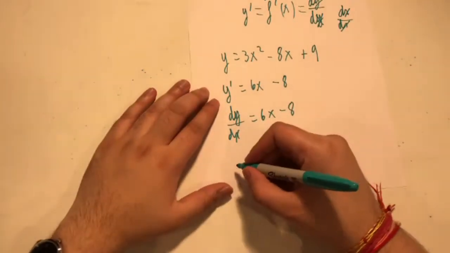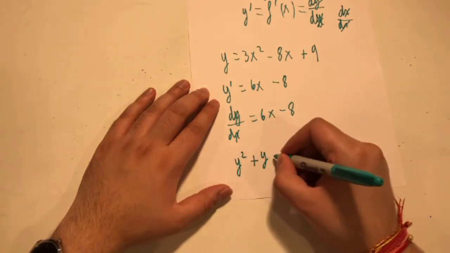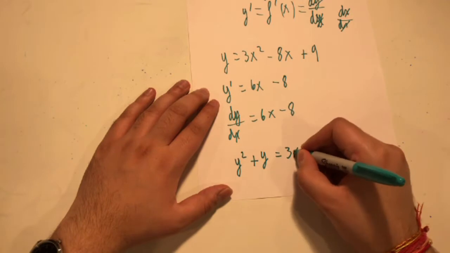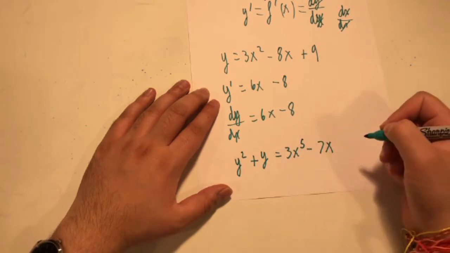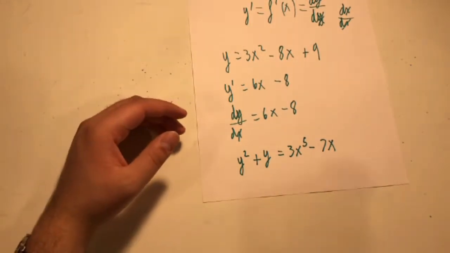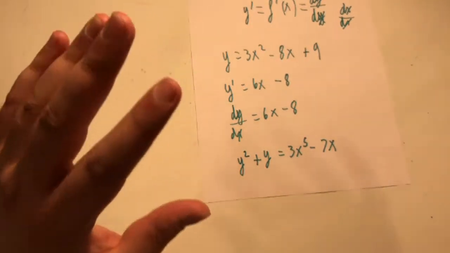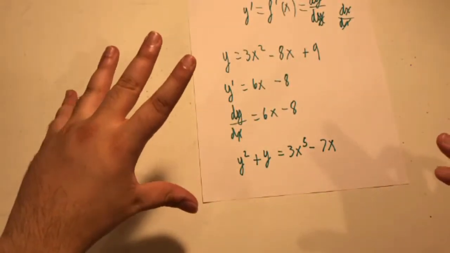So now let's look at this example. y squared plus y equals 3x to the 5th minus 7x. Now we want to take the derivative of this. How do we go about doing that? Here's the technique. Here's the main method.